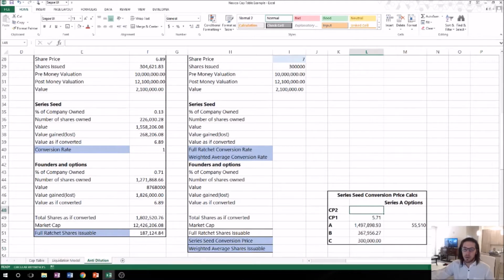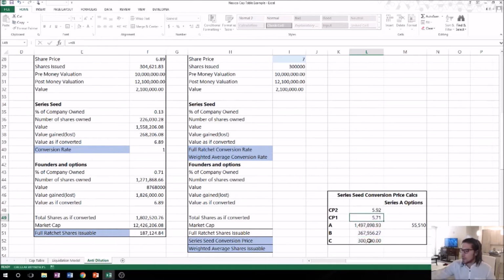Then finally, we can go back up here to the top and calculate CP2. CP2 is going to be the actual conversion price. We do that by doing CP1 times (A plus B) divided by (A plus C).